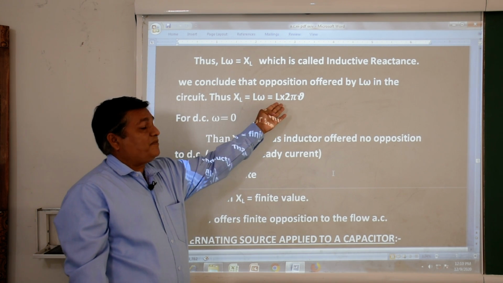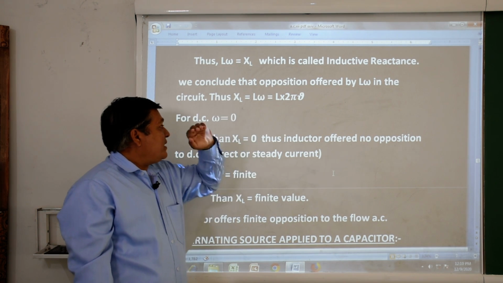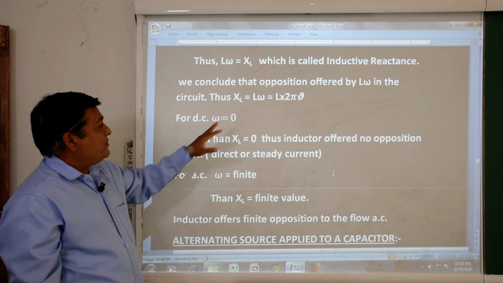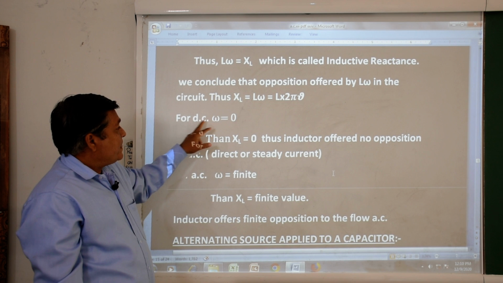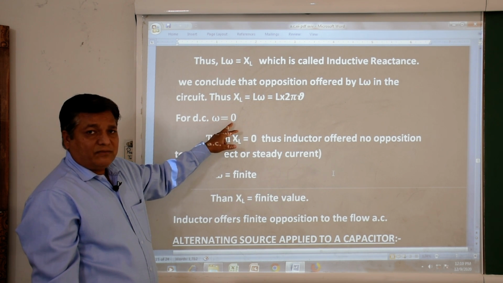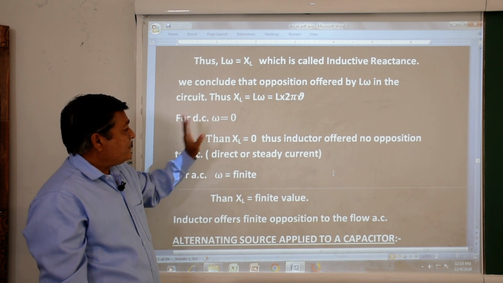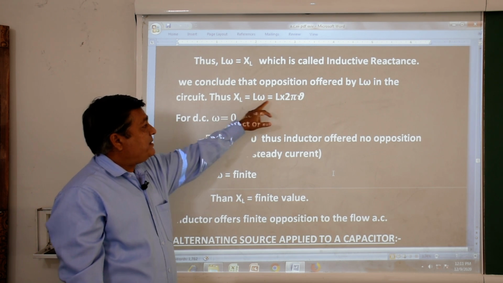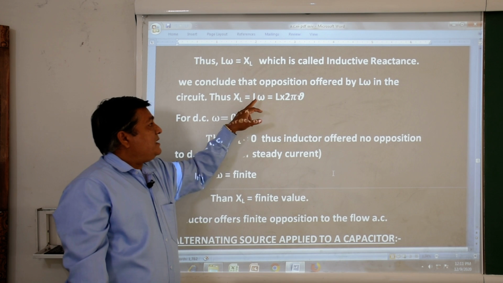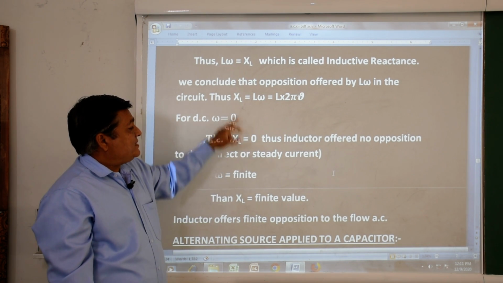We can write it in terms of frequency also, 2 pi f. Here for DC, suppose that the angular frequency in the case of DC is equal to 0. We consider omega is equal to 0 here. So if we place the value 0 for omega, XL is equal to 0.